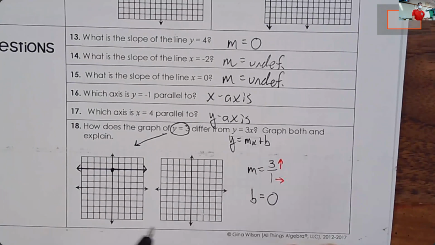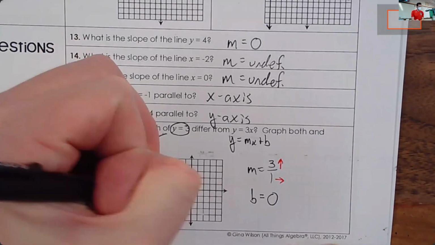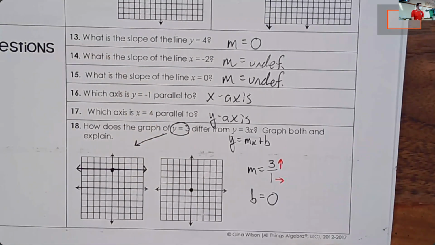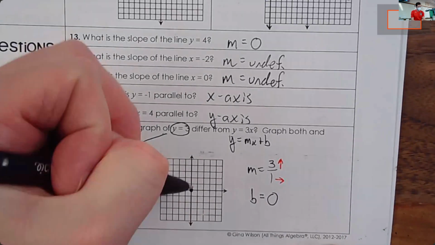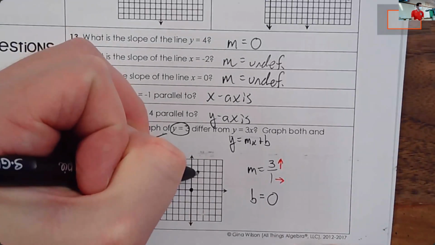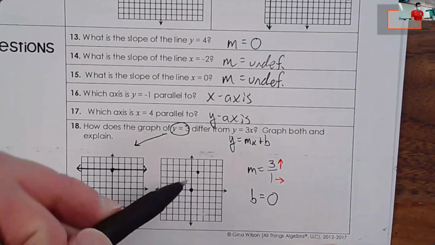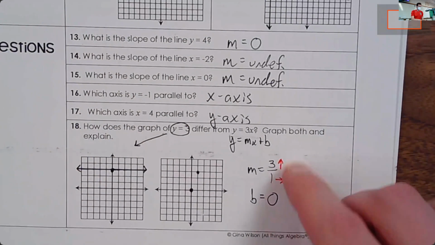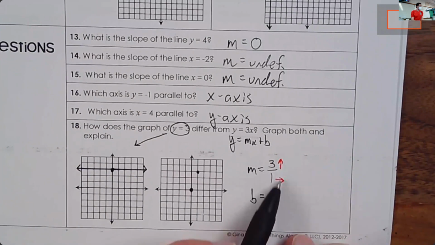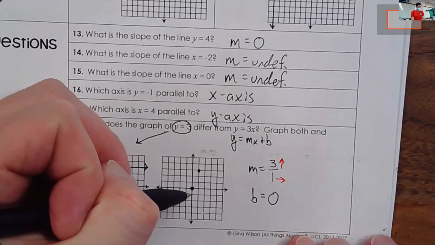So on our graph, we start by placing our y-intercept on the graph, which is right here in the middle at 0. And then from that point, we apply the slope. We go up 3 and over 1. So 1, 2, 3, and over 1 right there. And we can run this backwards from this middle point as well. Instead of up 3 to the right 1, we can work in the opposite directions, down 3 and left 1.